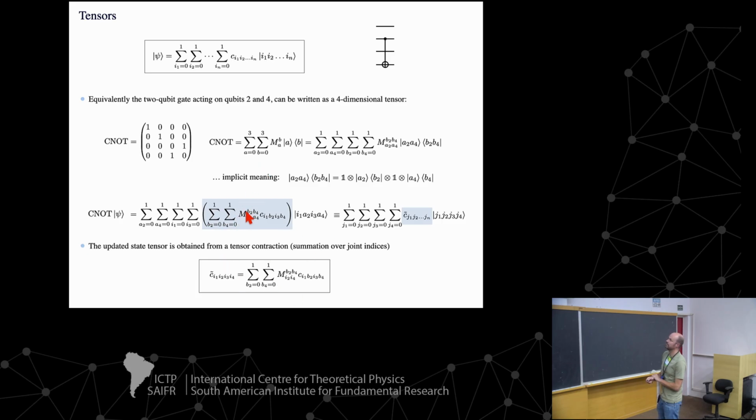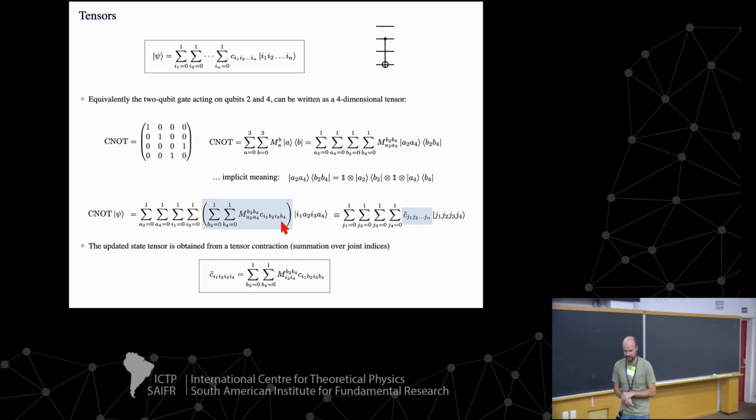It is just the summation over the index of the second qubit and of the 4th qubit, which are the 2 indices here in this tensor M. And then I get new qubits out, which are A2 and A4. And I have to perform the summation over these indices, which is the same in this tensor and in this tensor.